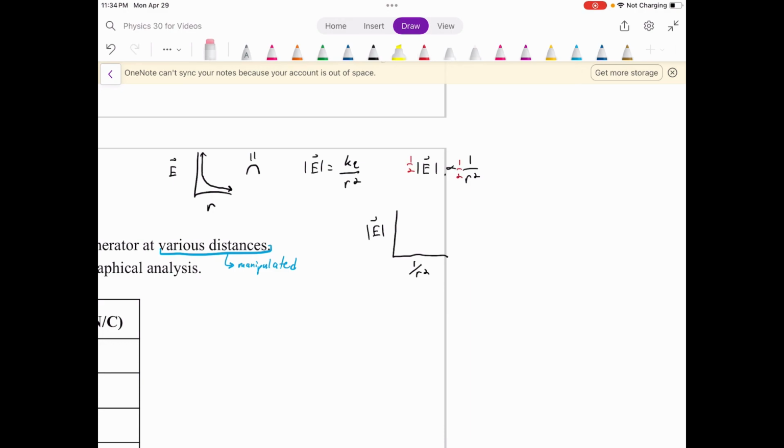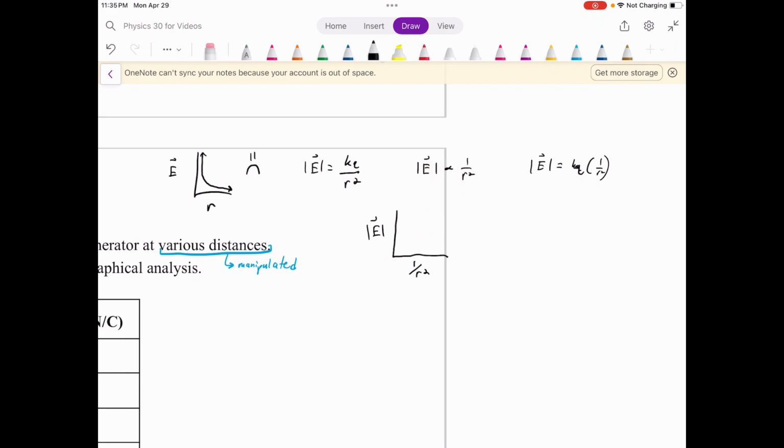Well, that's a linear relationship. The electric field changes by the same factor as 1 over r squared. So yes, changing r is going to change the electric field in the opposite way and squared, right? Doubling r is going to divide the electric field by 4. But doubling 1 over r squared is just going to double the electric field.